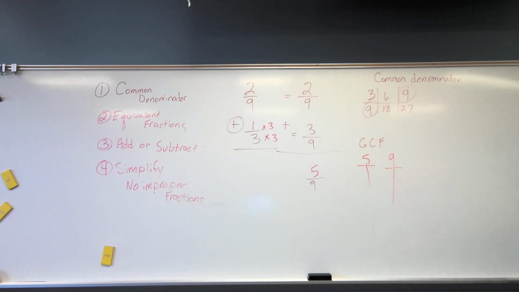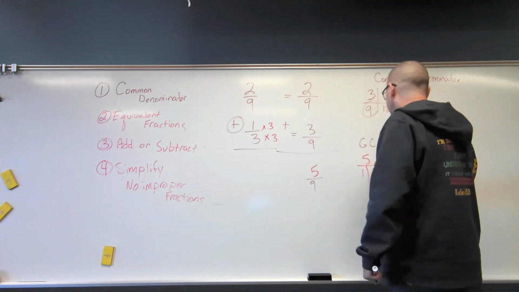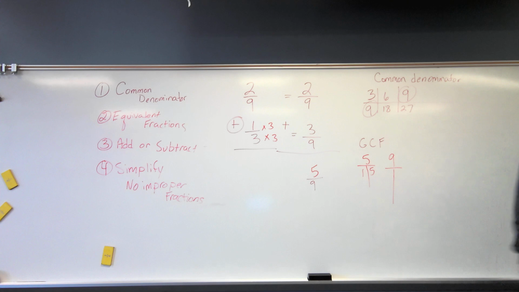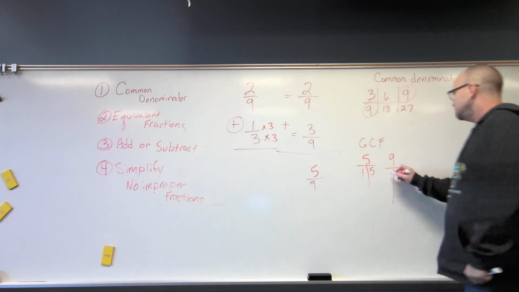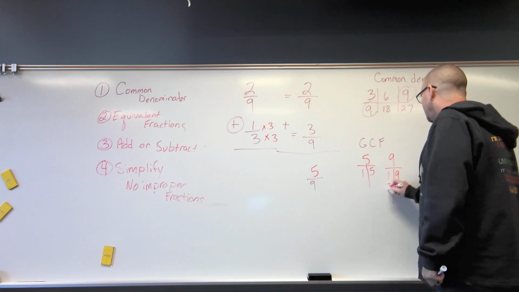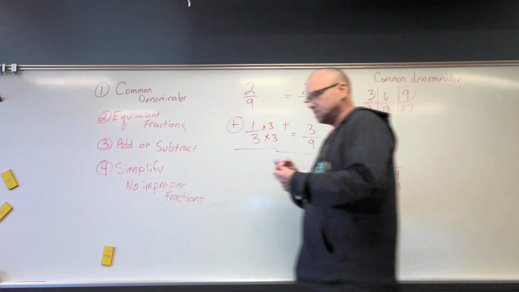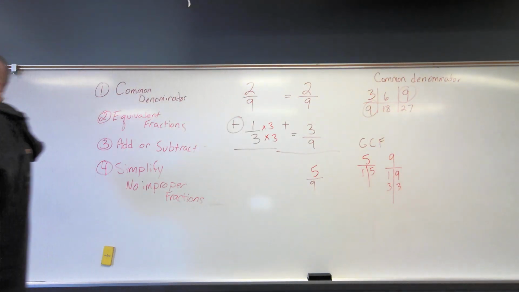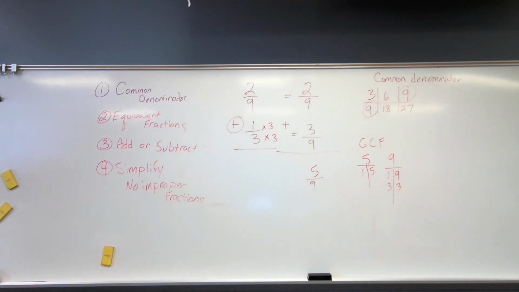Prime number. So the only factors it has are 1 and 5. 9 is what kind of number? Composite, which means we have 1 and 9, 3 and 3. That's all of them. But a composite number has more than 2 factors. A prime number has just 2 factors.